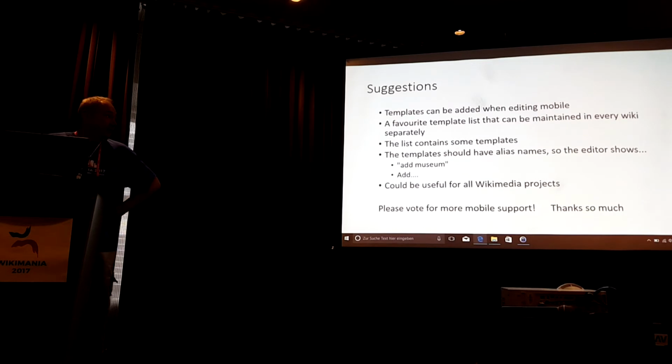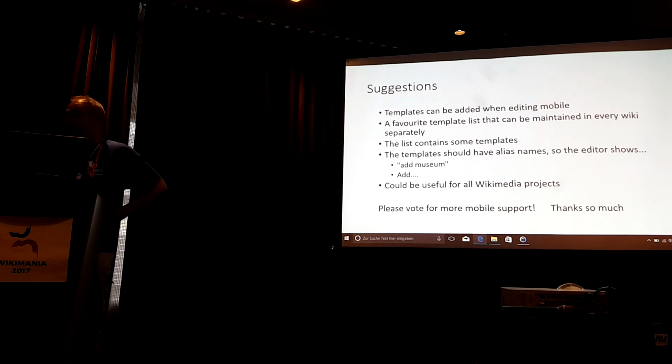The biggest problem on mobile devices is that it's not possible to add templates if you edit the mobile website. A good suggestion would be that every wiki can set up a small list of favorable templates, including an alias name.